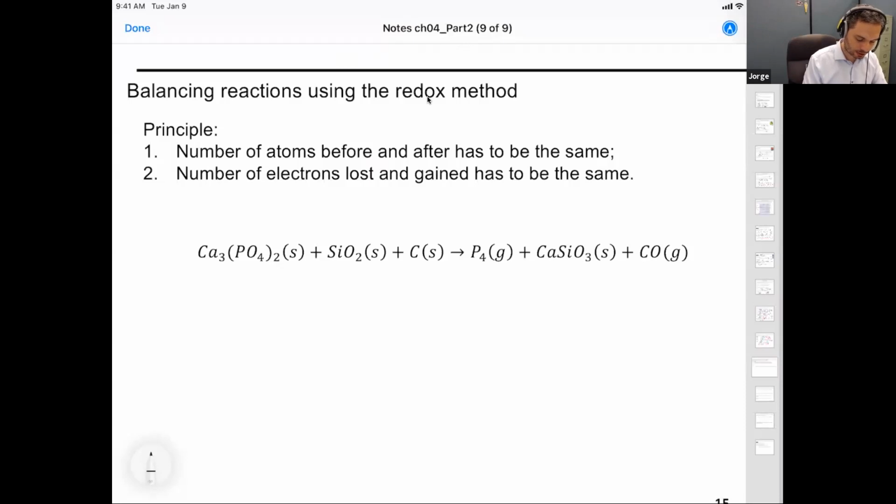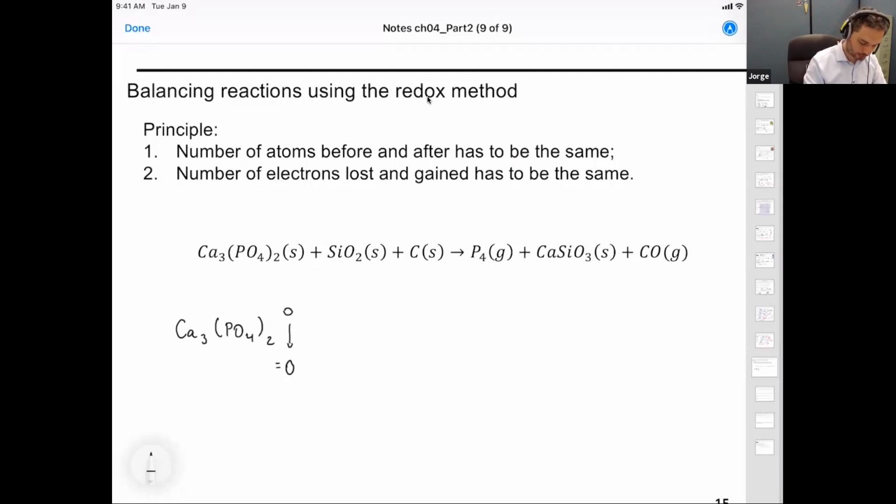Okay, so let's start with calcium phosphate. That's the first element in the equation. So let me rewrite here. Calcium phosphate is neutral. That means the sum of the oxidation numbers of all the elements in this compound is 0.